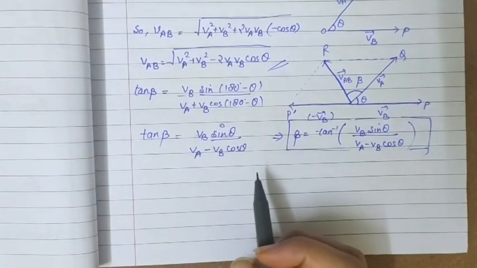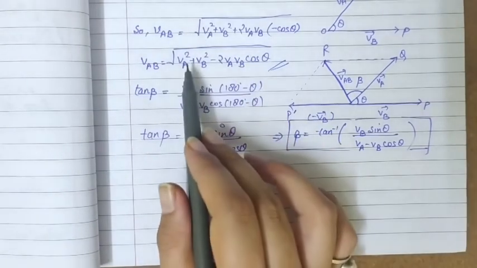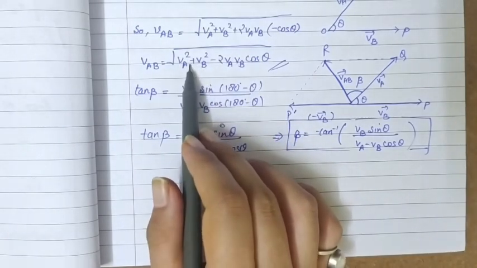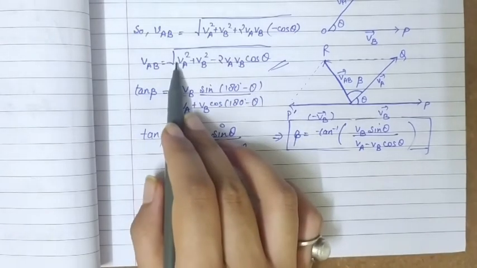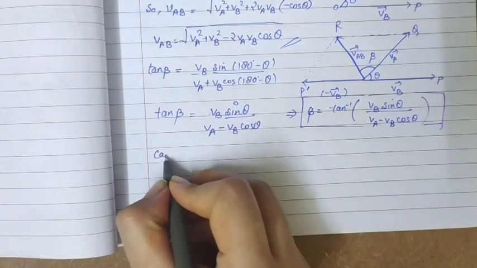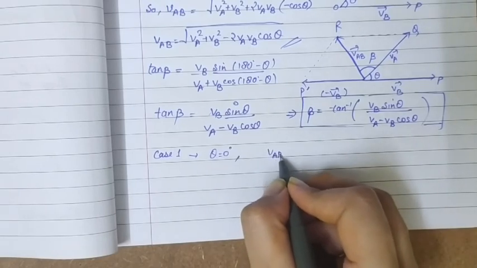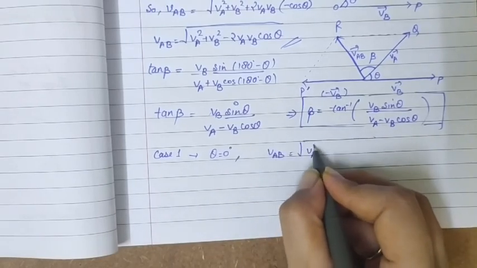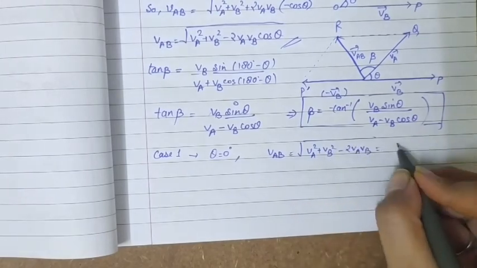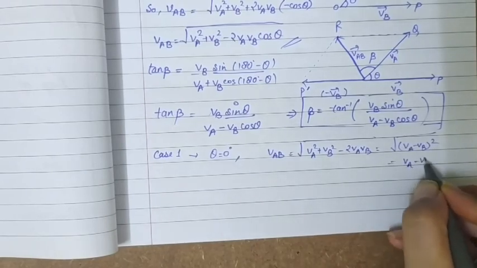In that case cos 0 is equal to 1, and the magnitude of VAB is under root VA square plus VB square minus 2 VA VB. That is under root of VA minus VB whole square, which is equal to VA minus VB.